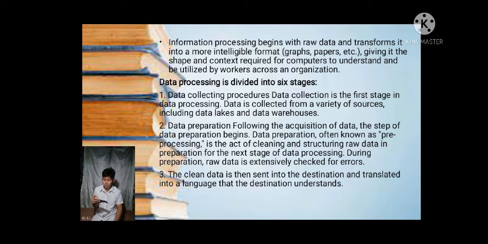Data preparation, often known as pre-processing, is the act of cleaning and structuring raw data in preparation for the next stage of data processing. 3. The clean data is then sent into its destination and translated into a language that the destination understands.